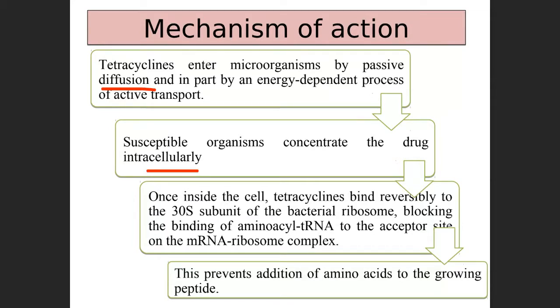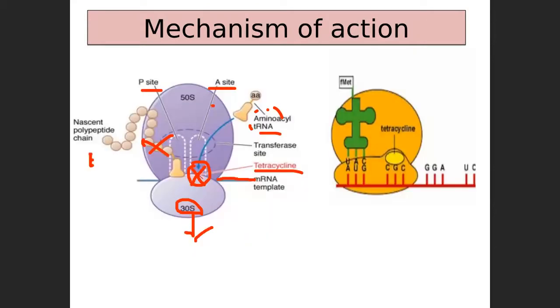Once it successfully goes inside the cell, it binds to the 30S subunit of the ribosome and it blocks the binding of aminoacyl tRNA on the acceptor site, that is the A site, on the mRNA ribosome complex. As I told you, everything is taking place on the mRNA template, so this is known as the mRNA ribosome complex.